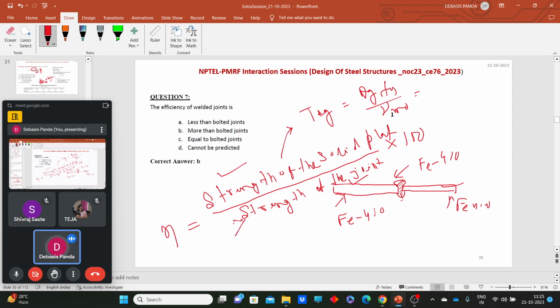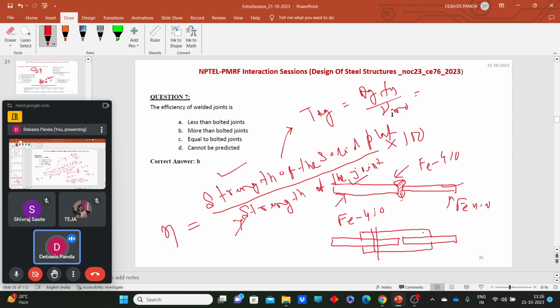But the strength of the joint, in the case of weld, theoretically we can achieve 100%, right? One in one. But for the case of bolts, we need to provide bolt holes to accommodate the bolts. So obviously we reduce the cross-sectional area of the plate, which means the strength of the joint is subsequently reduced.